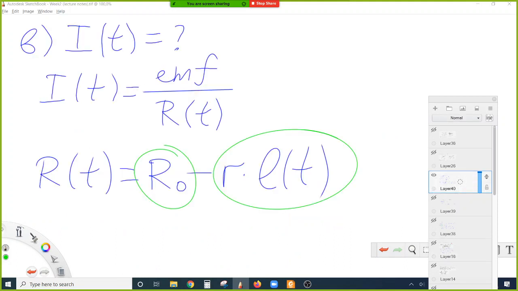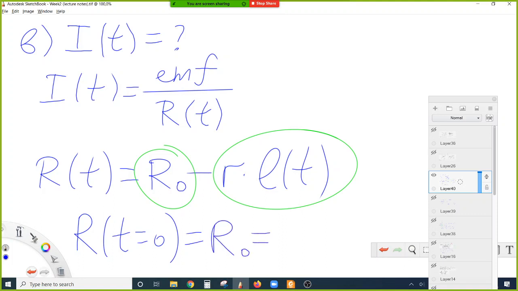So the initial condition is R(t=0) is equal to R0, which is the resistance of our rails at the beginning of the motion, which is R multiplied by P multiplied by 2.